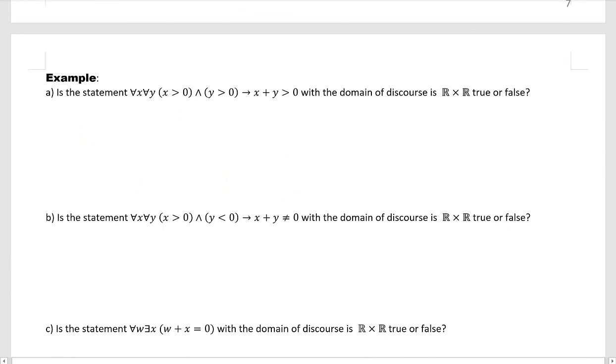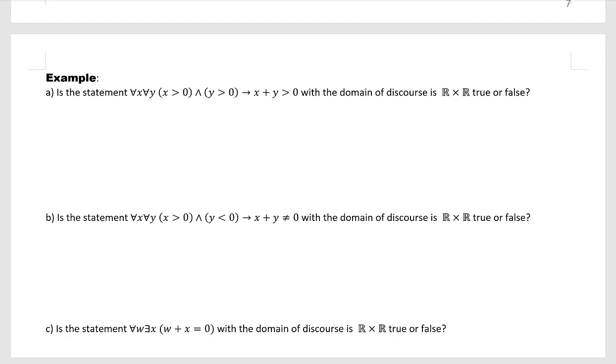Let's look at more examples. Part A is the statement for all x, for all y, x greater than 0 and y greater than 0 implies x plus y is greater than 0, with the domain R. Is it true or false?